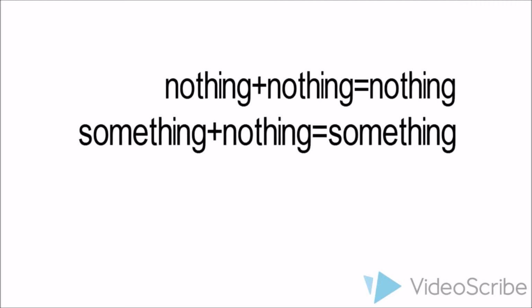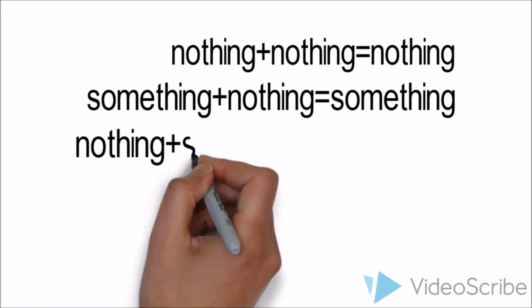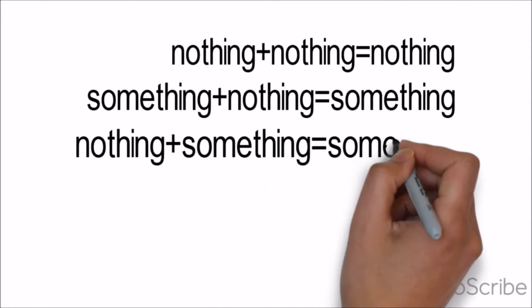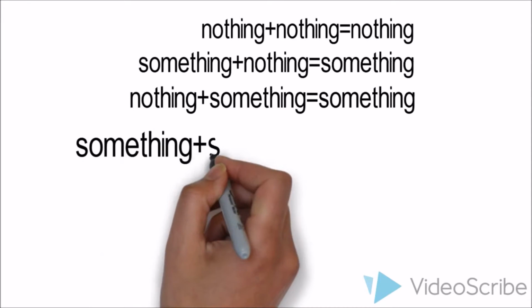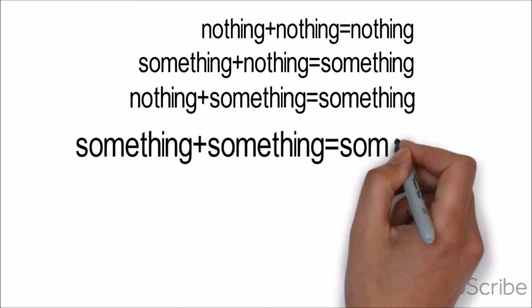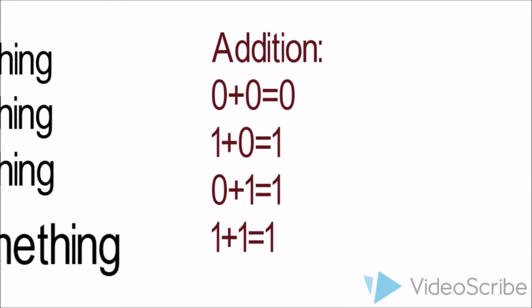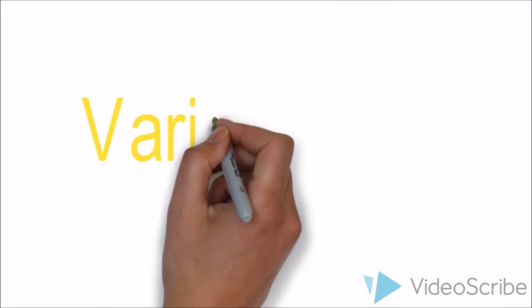If you have something and then you add nothing, you end up having something. And if you have something and then you add something else, you end up having something. So 1 plus 1 is equal to 1. If you're paying attention, they look like logic gates.